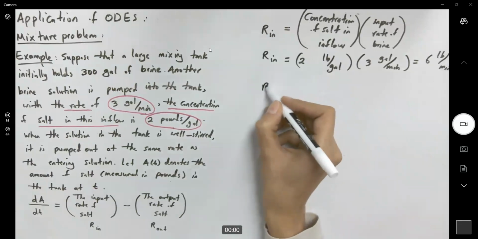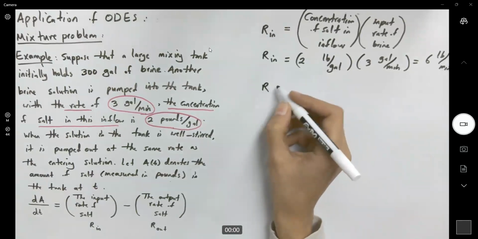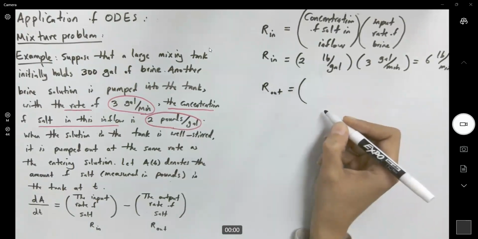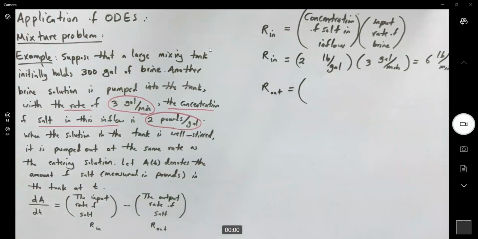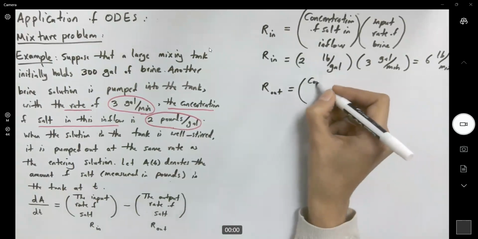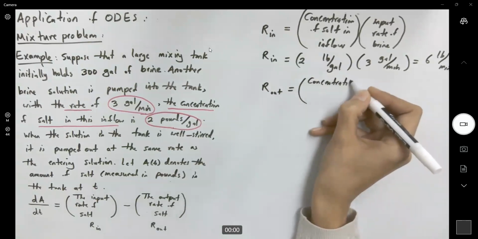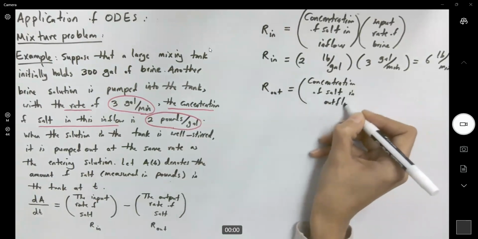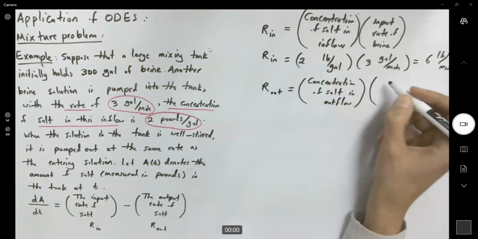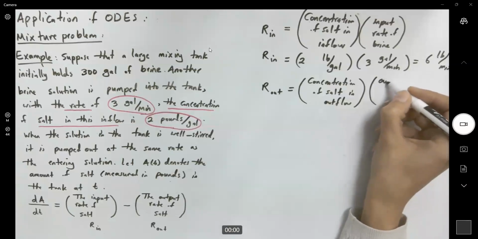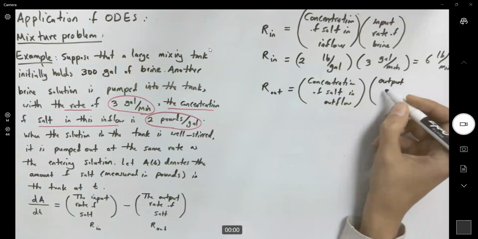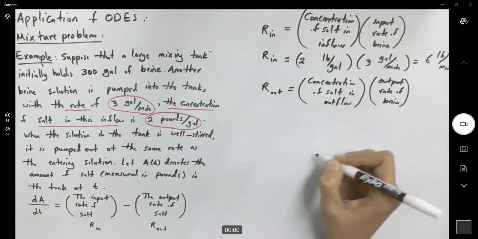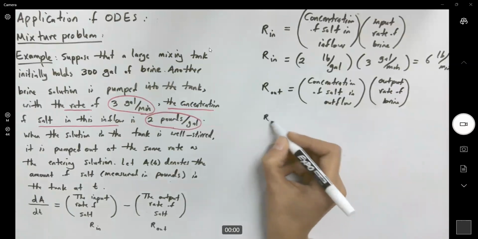Now let us formulate the output rate of salt, R sub out. Again, here we have the concentration of salt in the outflow times the output rate of brine. What information is given to us?